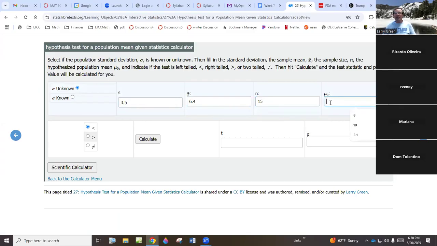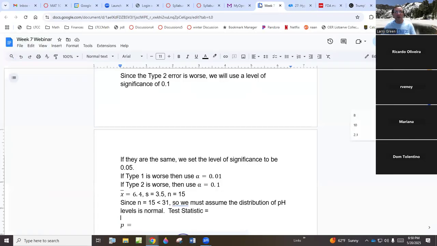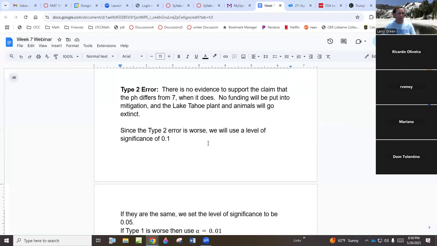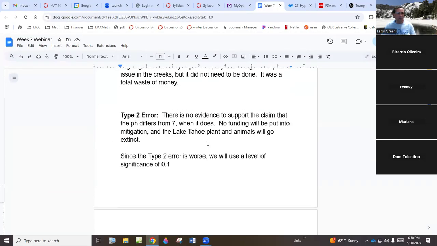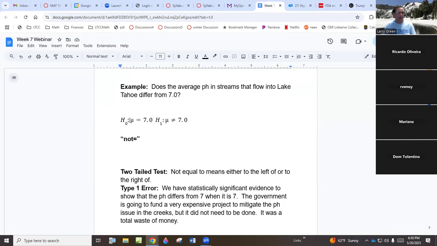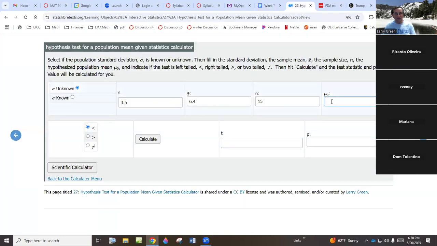That is the mu that's written in H naught. So if you go to H naught, then we have mu is 7.0. So our mu naught will be 7.0, which is the same as 7. Then it's either less than, greater than, or not equal to. Which is it in our case?